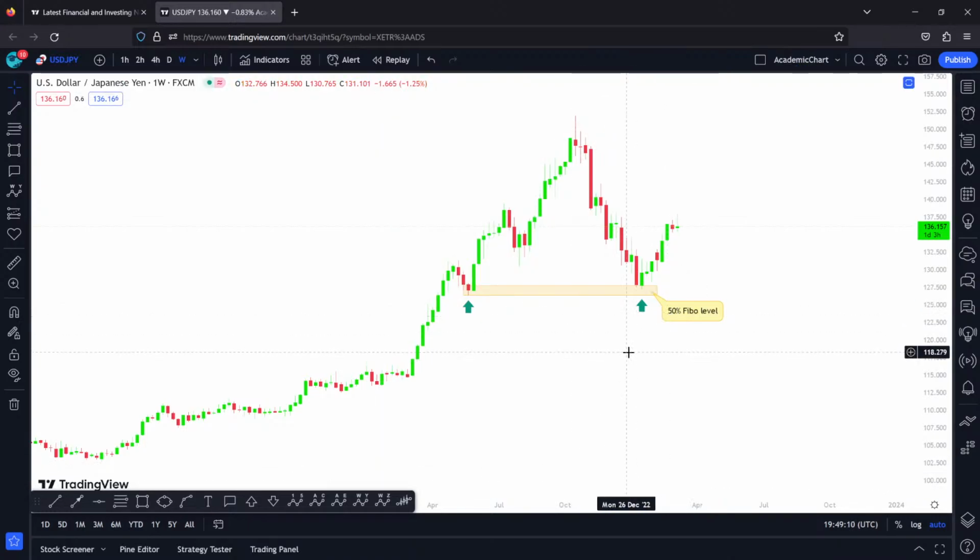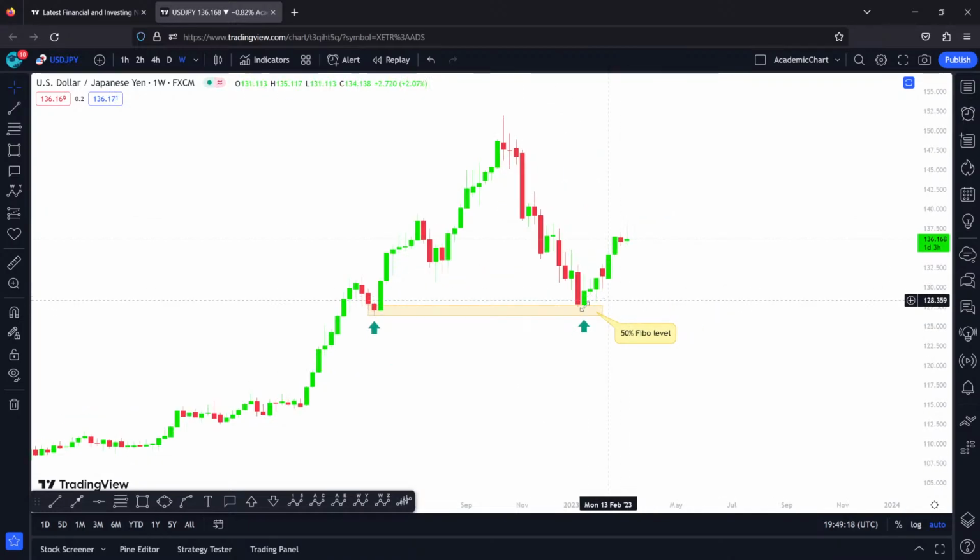This can be enough by looking at the weekly chart, just trying to find some important historical zones. But we also have in the news that it was a reversal.